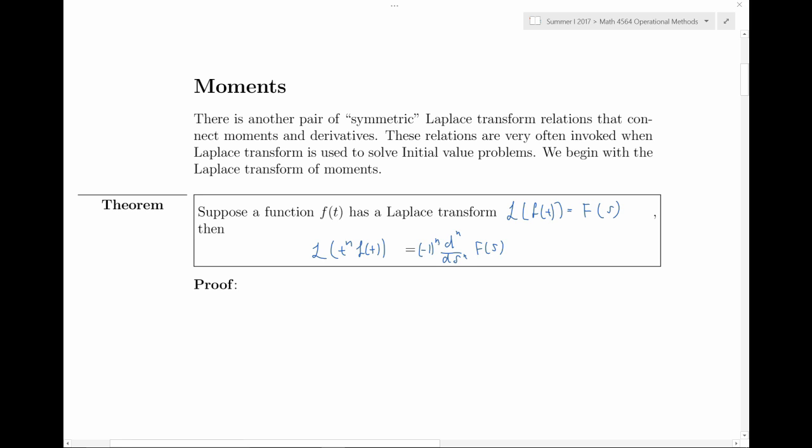So if we just multiply by t, it's going to be negative the derivative of F of s. If we multiply by t squared, it's going to be positive second derivative of F of s.